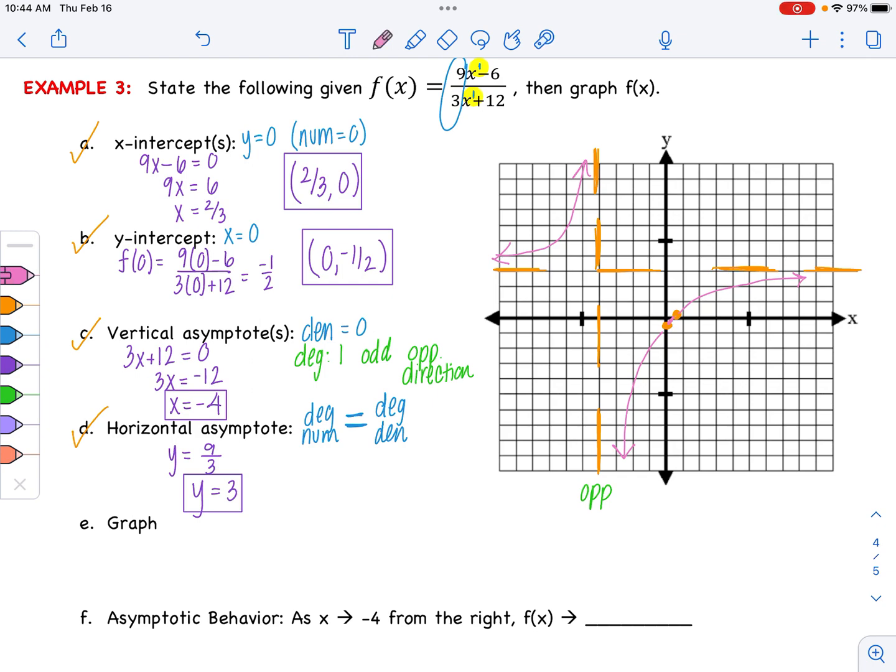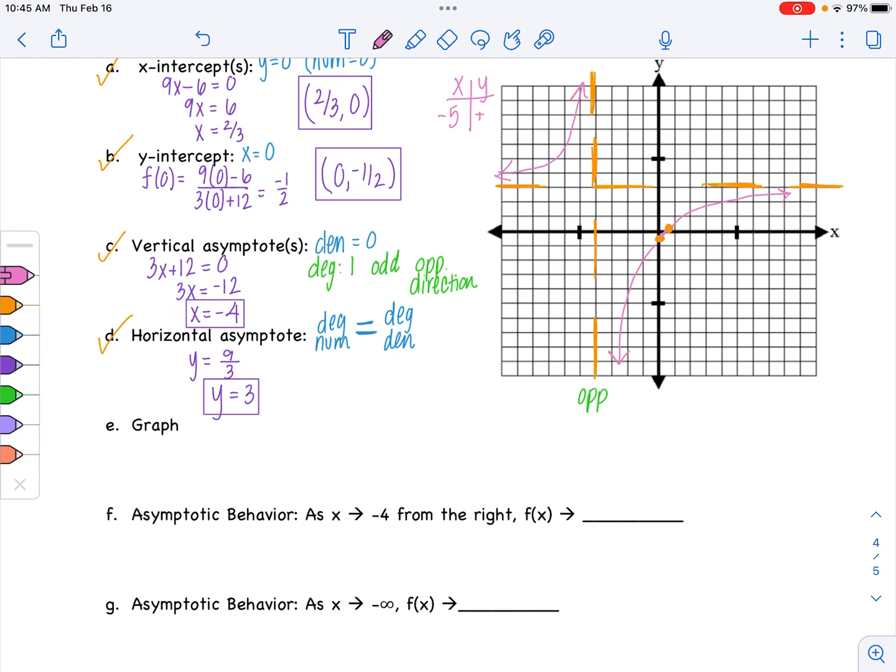If you're ever unsure, feel free to make an XY table. Find a point to the left of your asymptote, maybe like -5, and just confirm that it's a positive number. Something up here versus something in the bottom. So there is your graph.